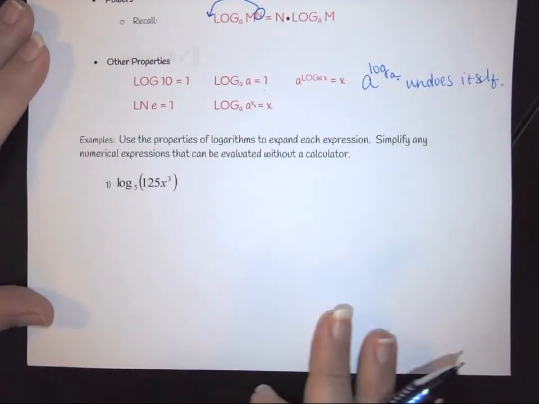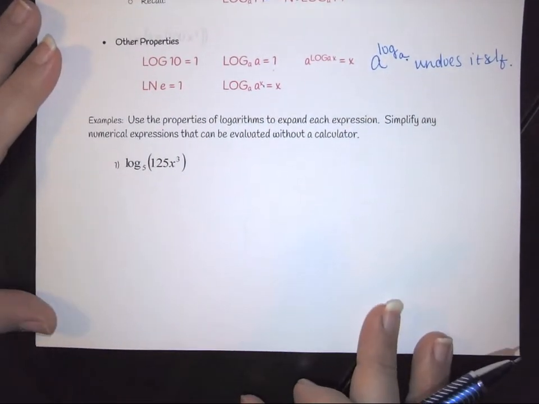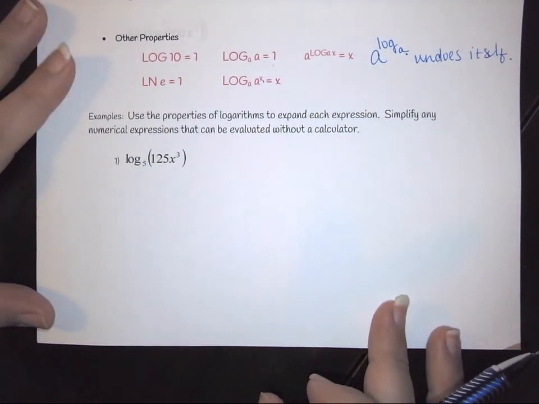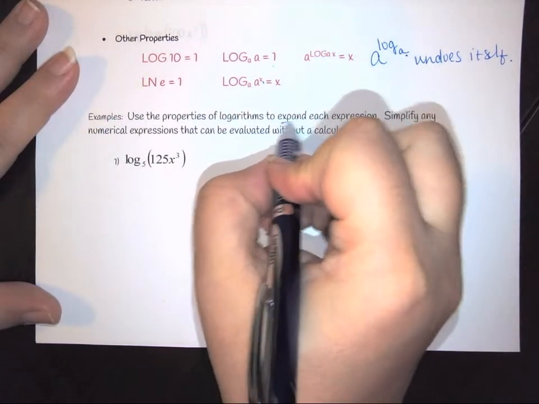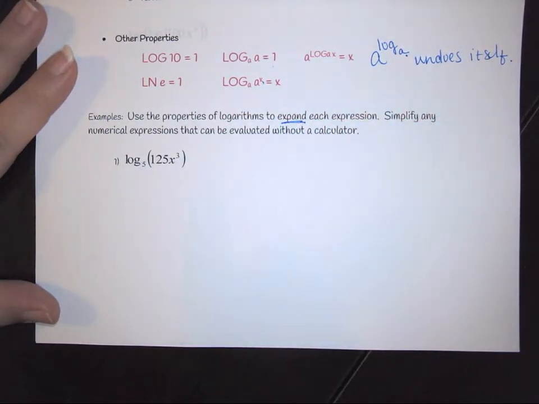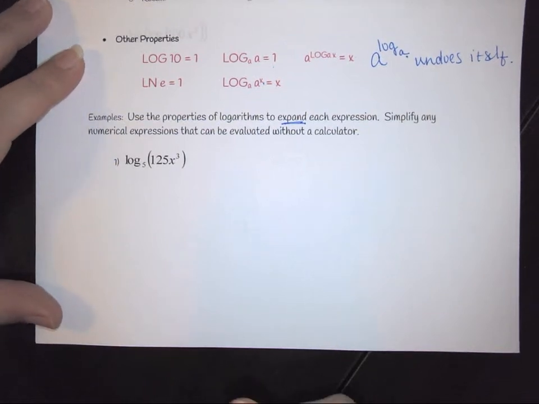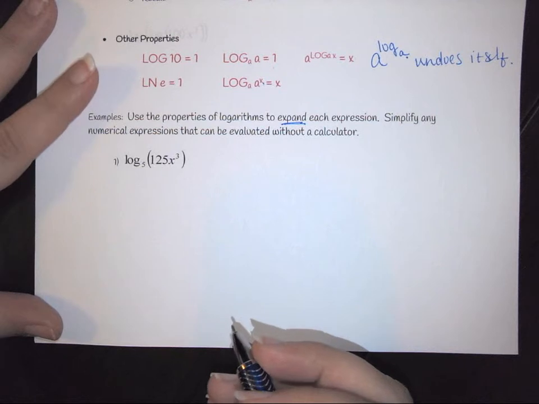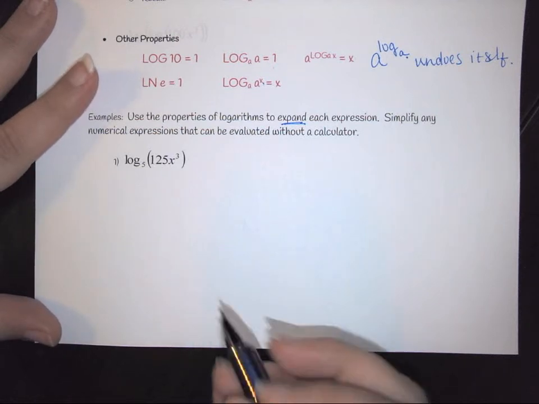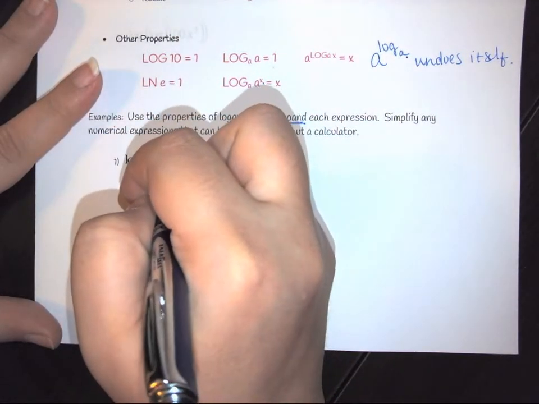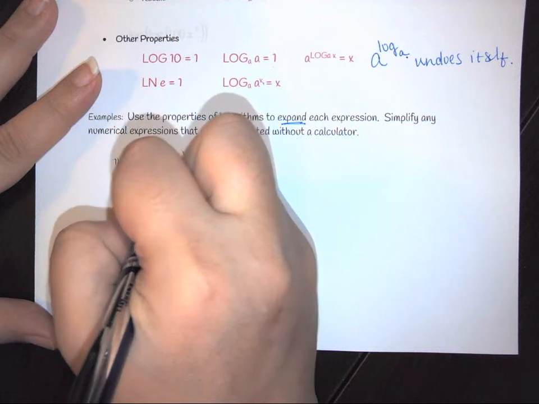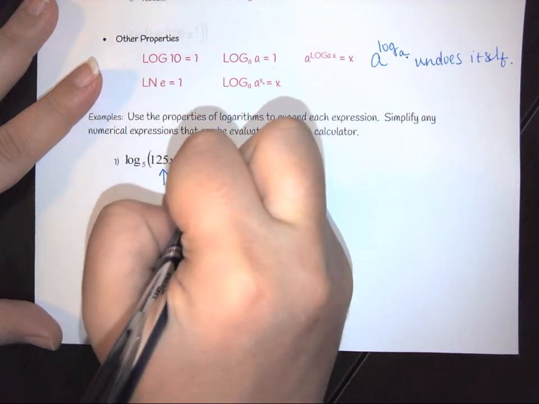So here, this example says that you need to use your properties to expand. So this is your key word. We are going to expand the expression, and then you need to simplify any numerical expressions you end up having. Okay? So first things first, when we look at this right here would be your product rule.